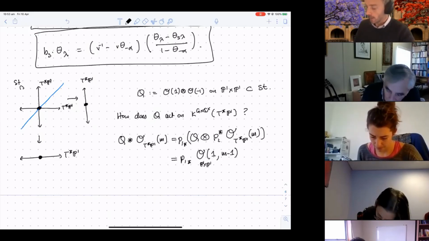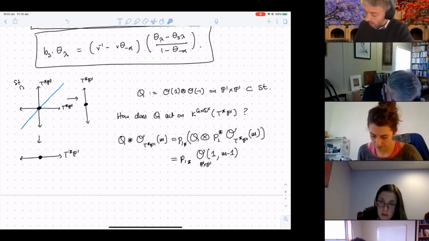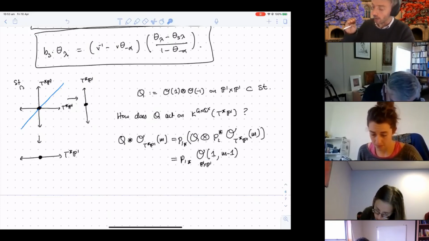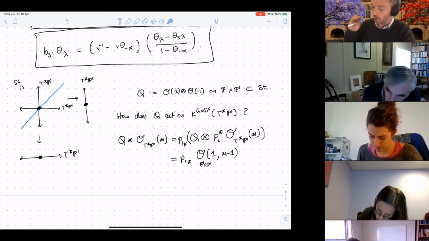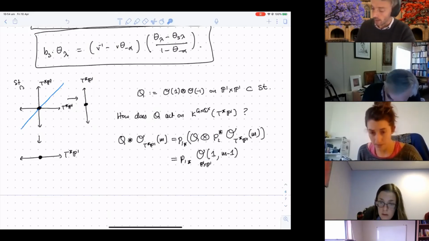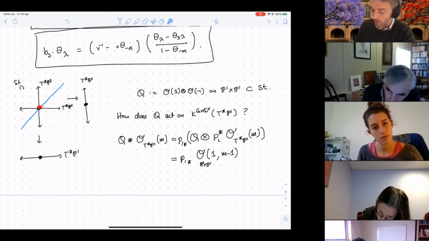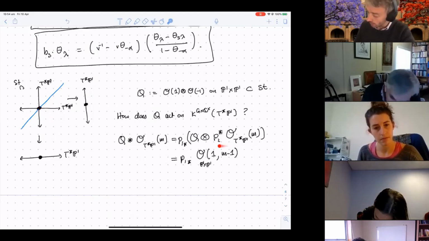Okay, so one imagines that Q is supported here on this P1 times P1 that we can't see in this picture. But if we tensor O of M on T star of P1 with the structure sheaf on P1, we just get O of M. And so we start with something here, we pull it back to this whole picture and tensor it with something just supported here. And what we end up with is this sheaf.